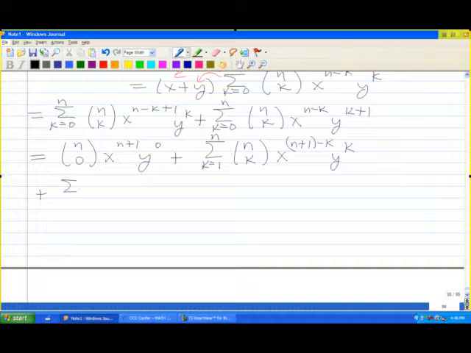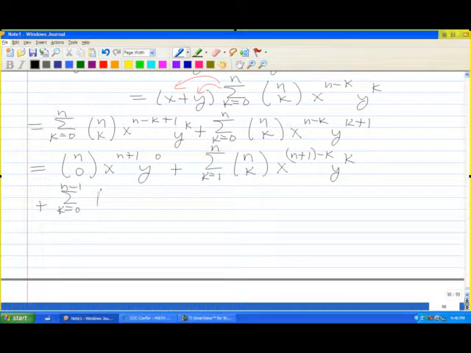plus this next term. Let's expand it and write out the last term. So let's write out the first n of these. And so the very last one is found by replacing k by n.